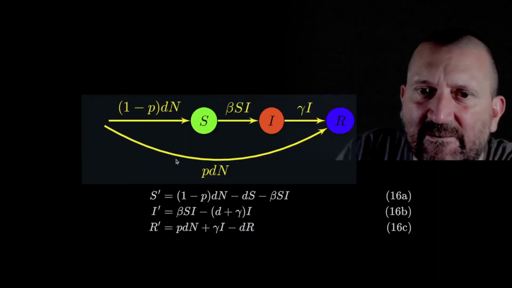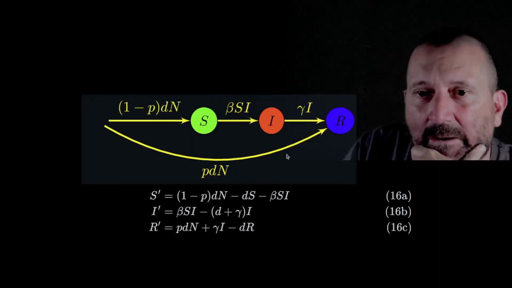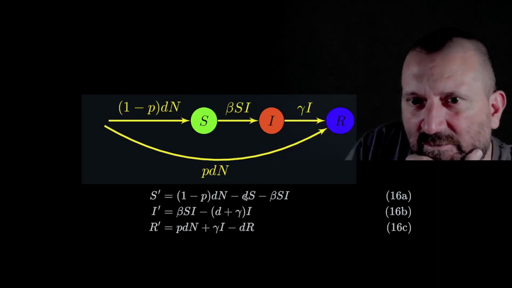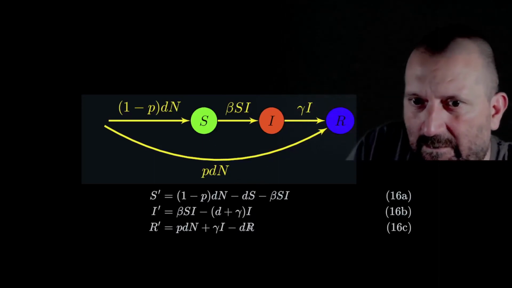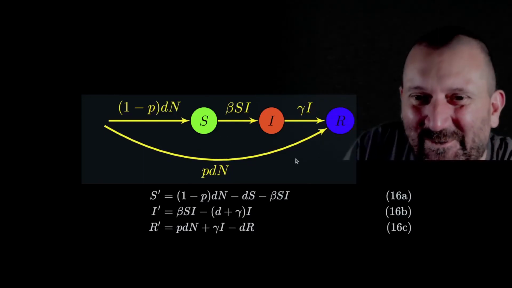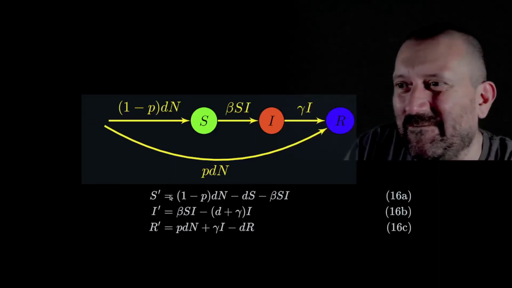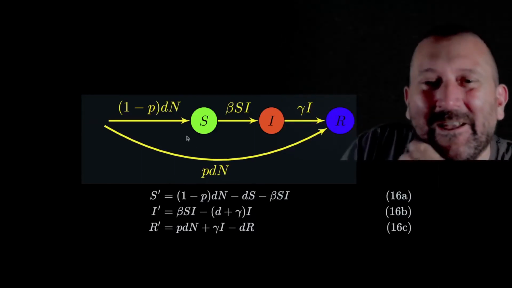Incidence is mass action, so I look at this model here. It's a very simple model. I haven't put the arrows with death, but it's there. Okay, I'm omitting the death from the arrows, but it is there. It should be a vertical figure. Never mind.